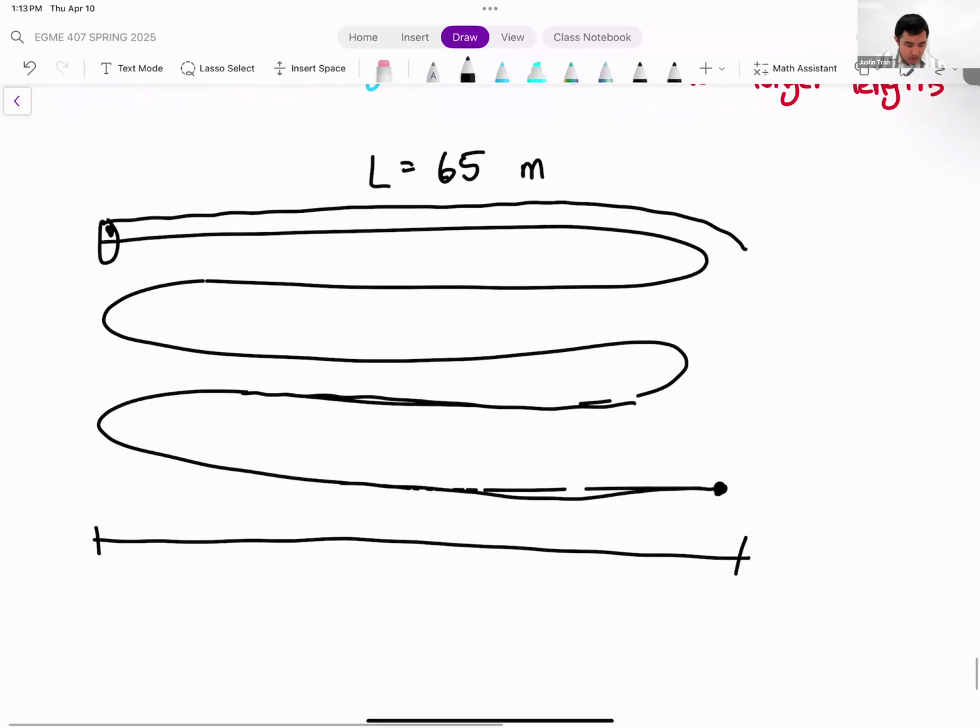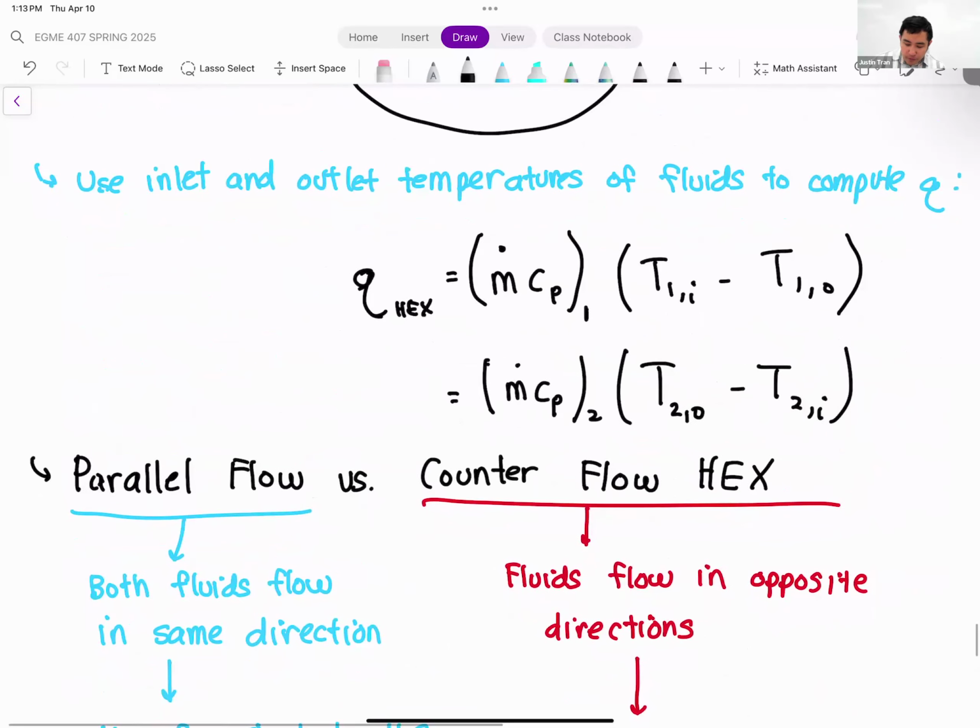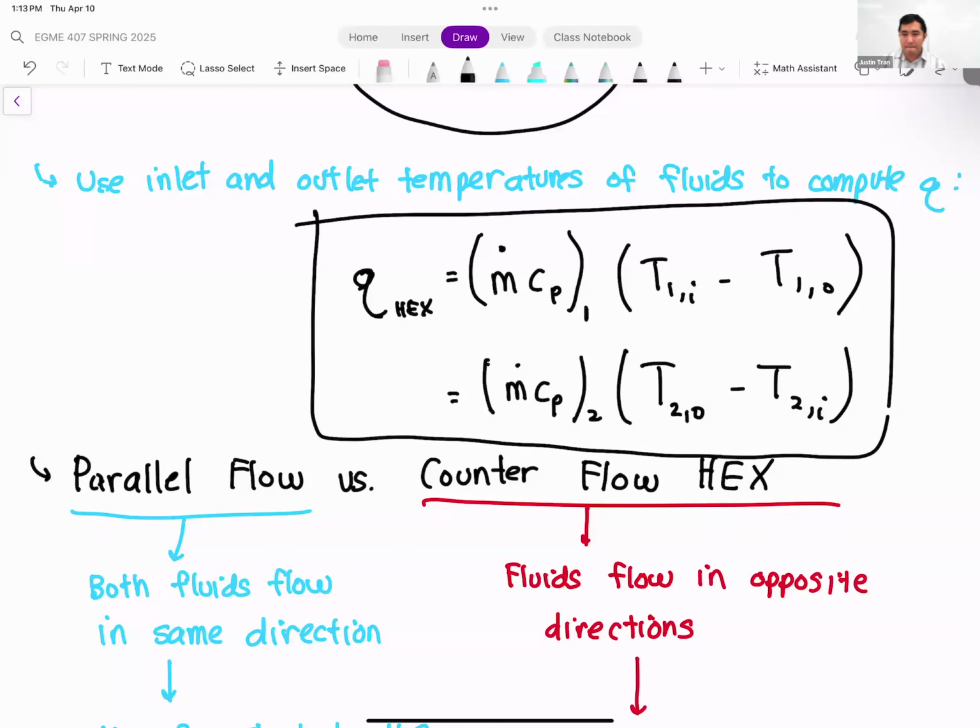Okay, so let's go from here. So, we have these formulas for the heat transfer, right? So these formulas are very useful, but the weakness of these formulas is that they require us to know both the inlet and outlet temperatures of the fluid in order to compute Q. Okay.